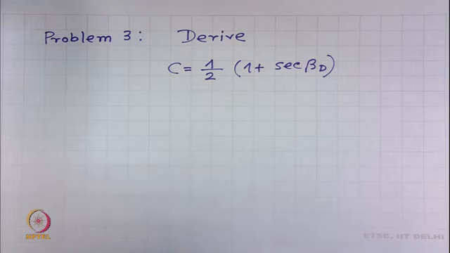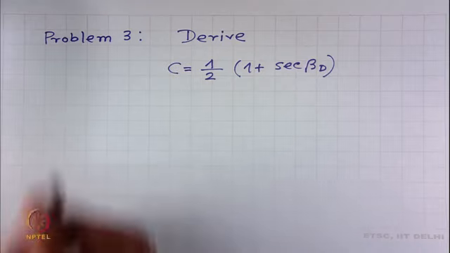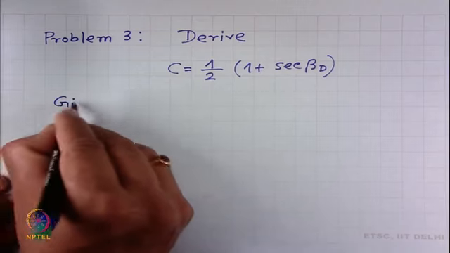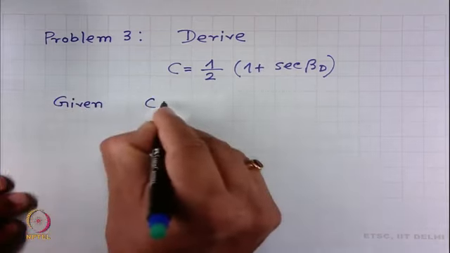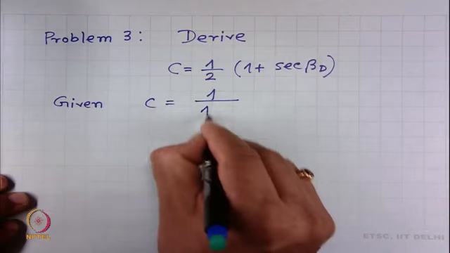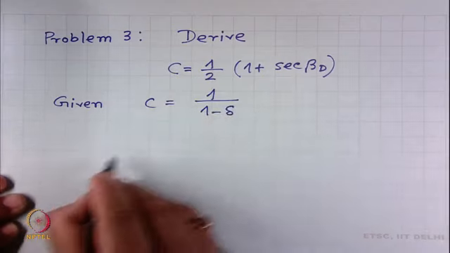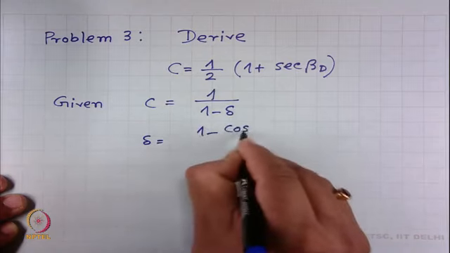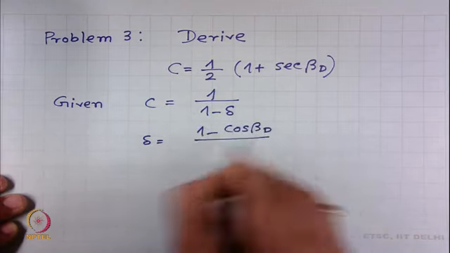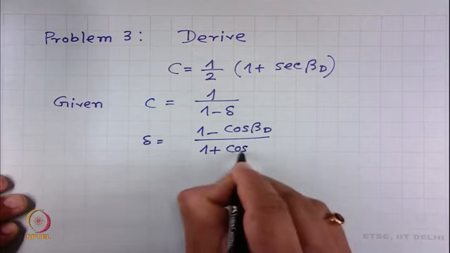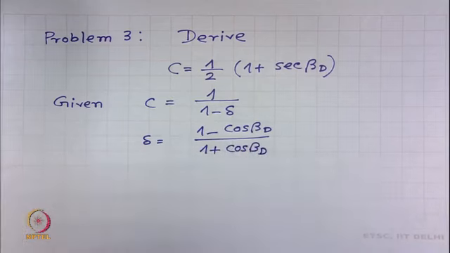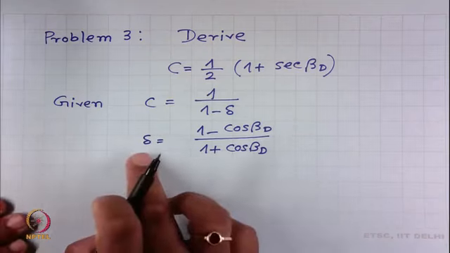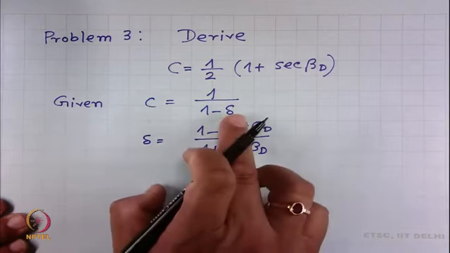By now you know that C is equal to this, and you also know the expression for delta. So, let us substitute delta in this expression.